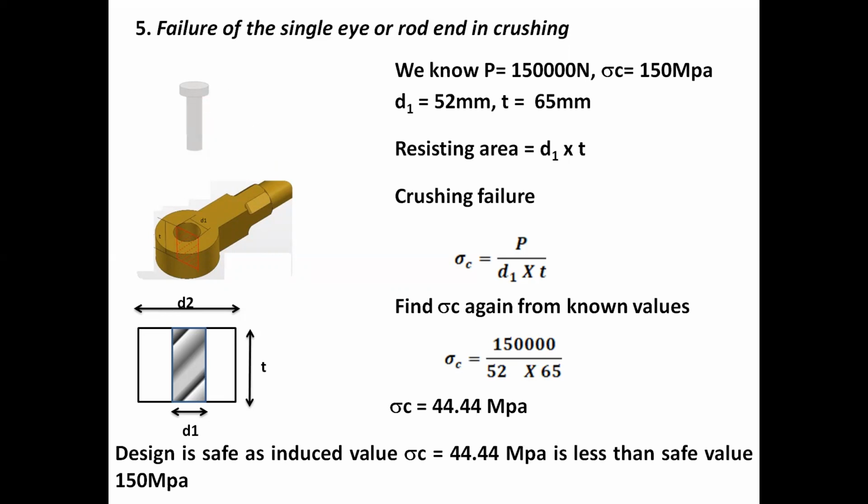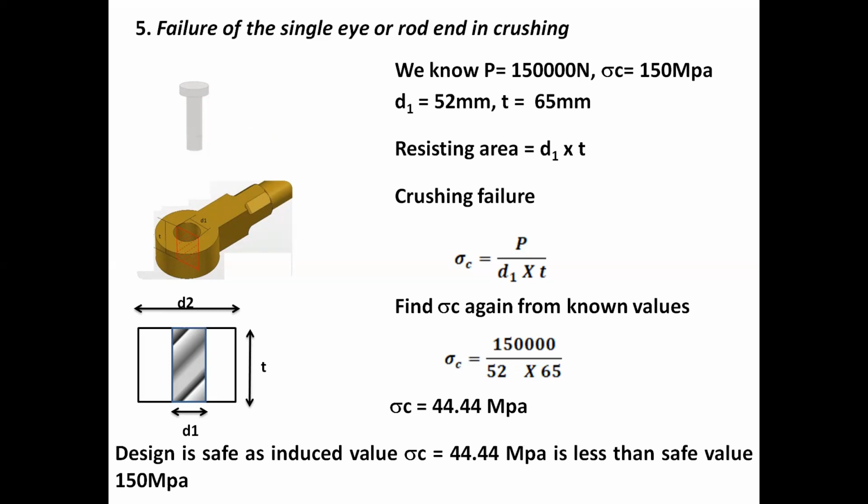It is very much less. So again we say that whatever given dimensions are there, those dimensions are very safe for consideration of crushing failure of single eye. So 44.44 megapascal induced stress is less than the safe value of stress, which is 150 megapascal.